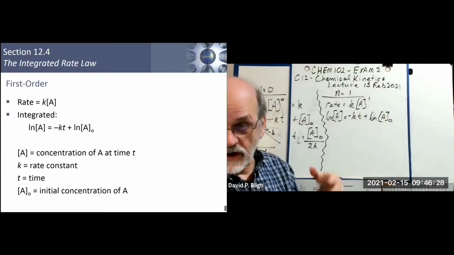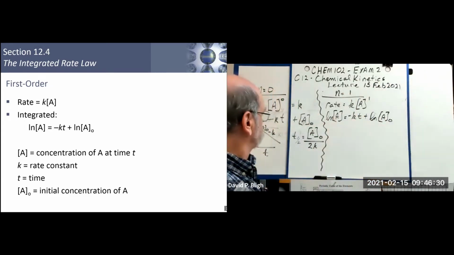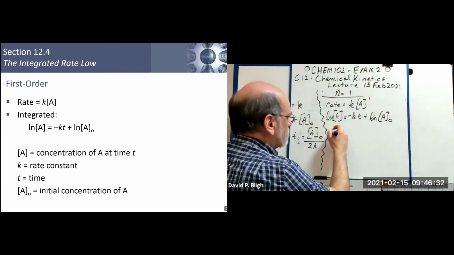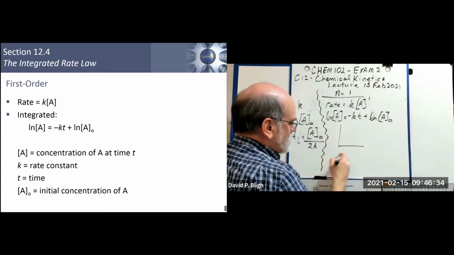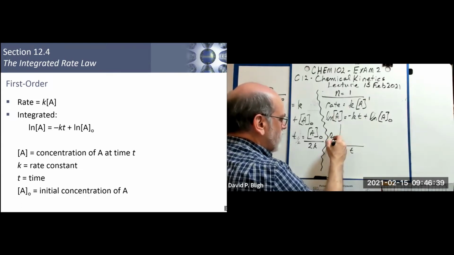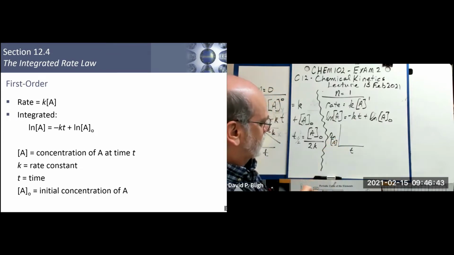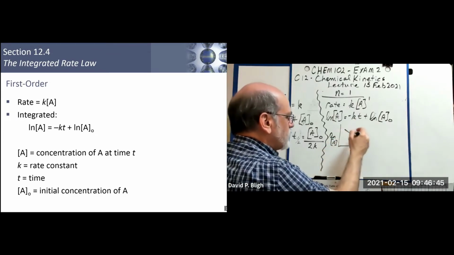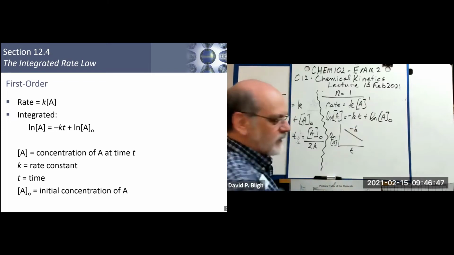Right? So there's another straight line right there. If we plotted that one against time, you would plot natural log of A, and you would get a straight line with a slope of negative K.